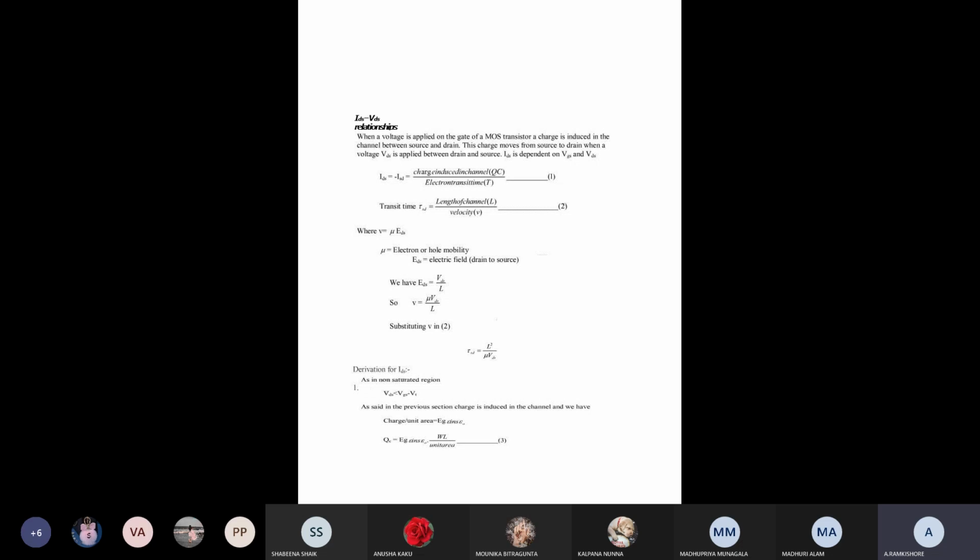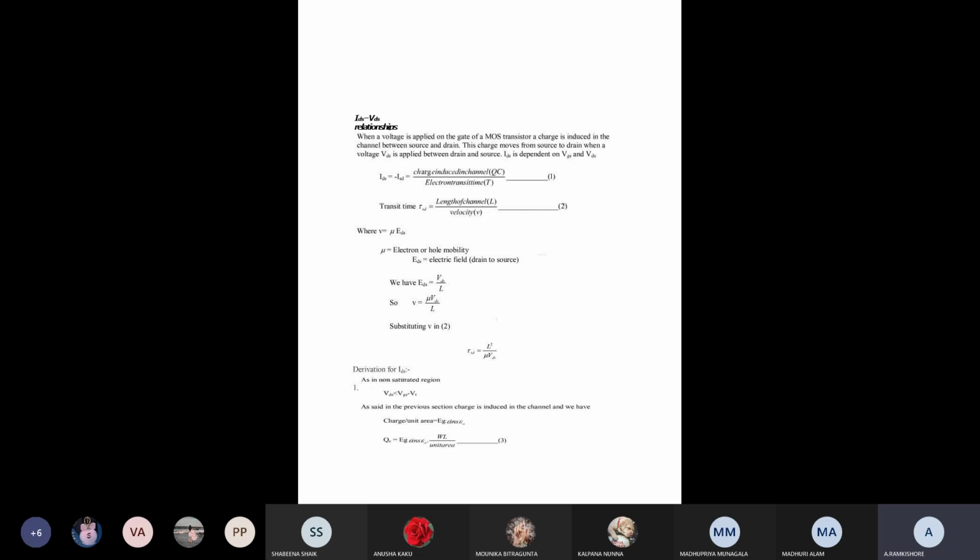Then it becomes L square by mu into V_DS. So finally the tau_DS, the transit time from drain to source, is equal to L square by mu into V_DS.